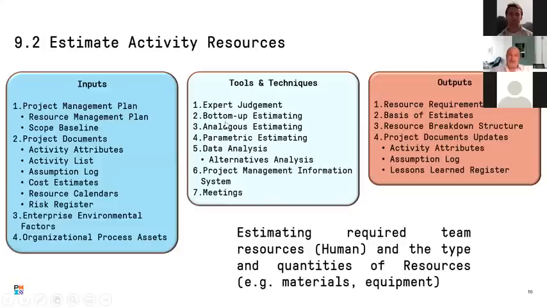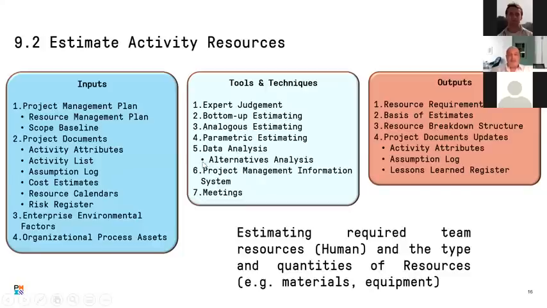Analogous estimating, where we are comparing to a similar previous project based on previous experience. And parametric estimating is where we are comparing based on some parameters like the size of the project, like the area that we are talking about. So these are the different parameters.